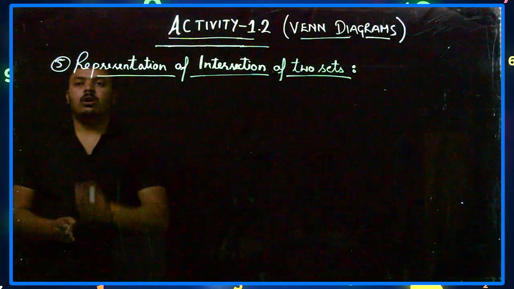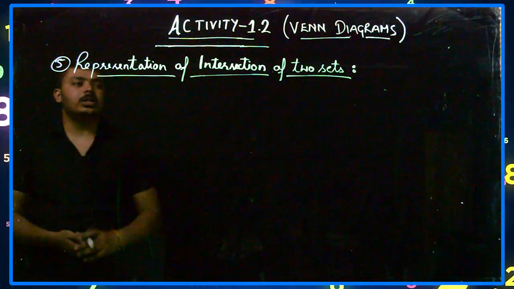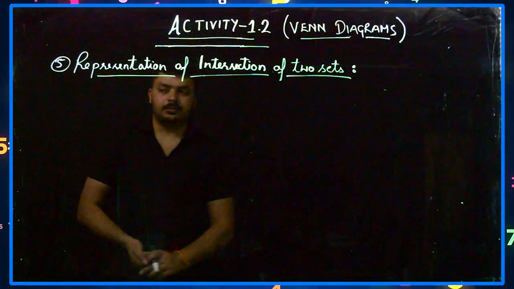So students, now point 5 is representation of intersection of two sets.